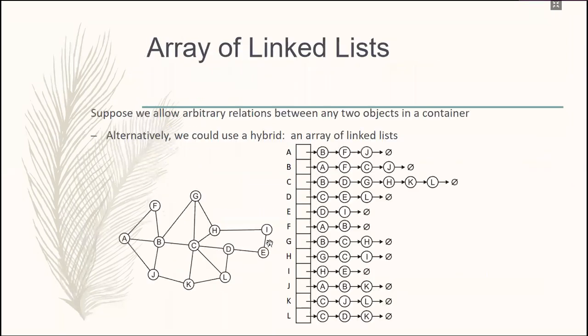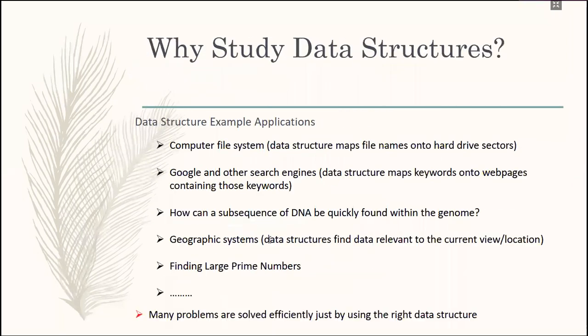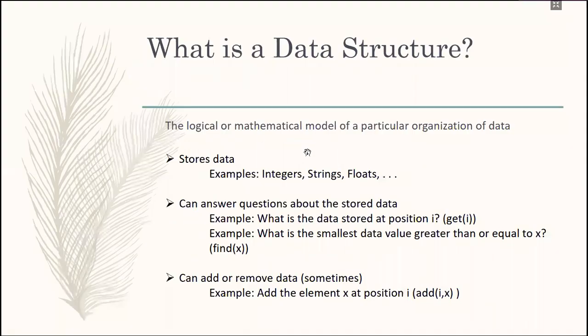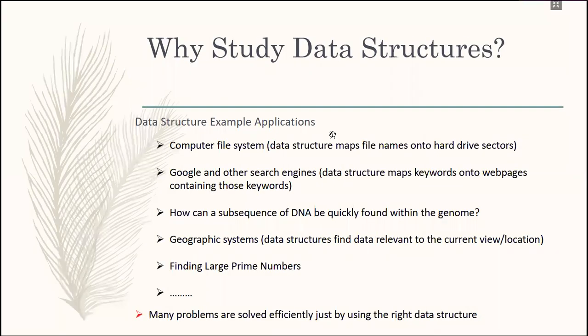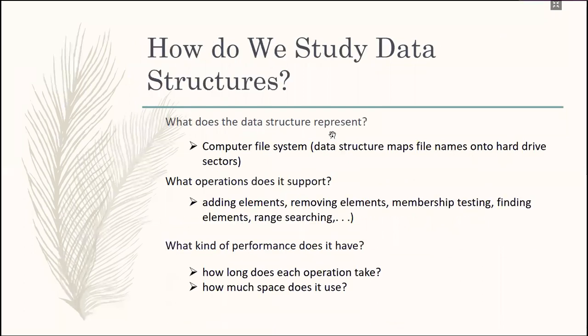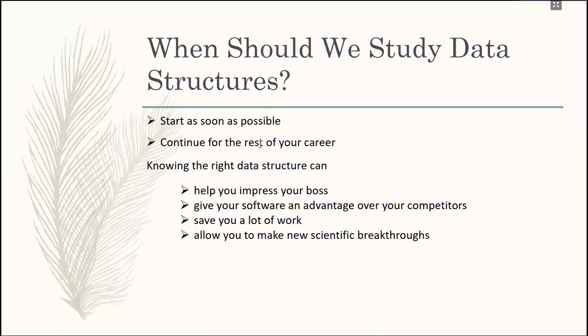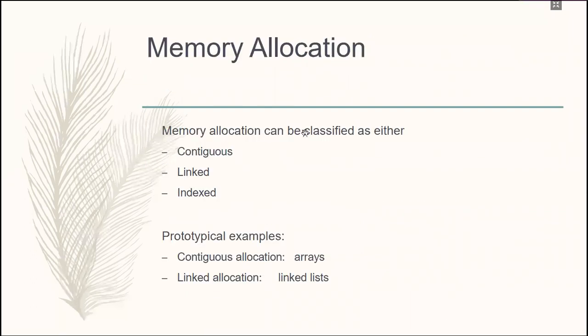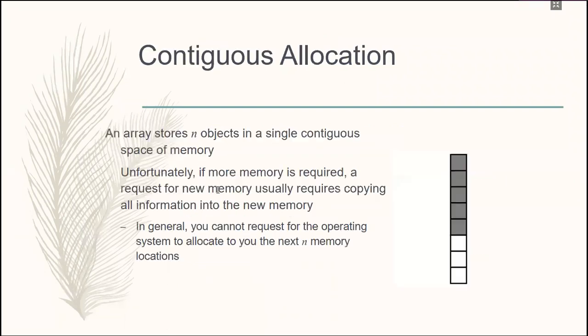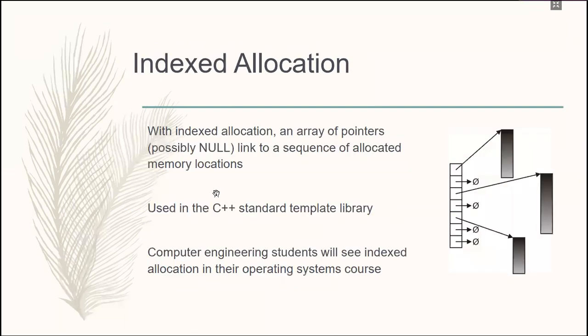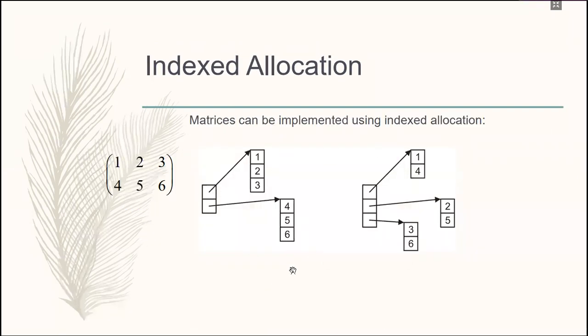So in short, let's go from the beginning. First, we discussed the basics: what is a data structure, why we need to learn data structures, how we need to use data structures, and when we should start learning data structures. Then we discussed some memory allocation techniques, starting from contiguous memory allocation like arrays, linked allocation like linked lists, then indexed allocations like these ones.